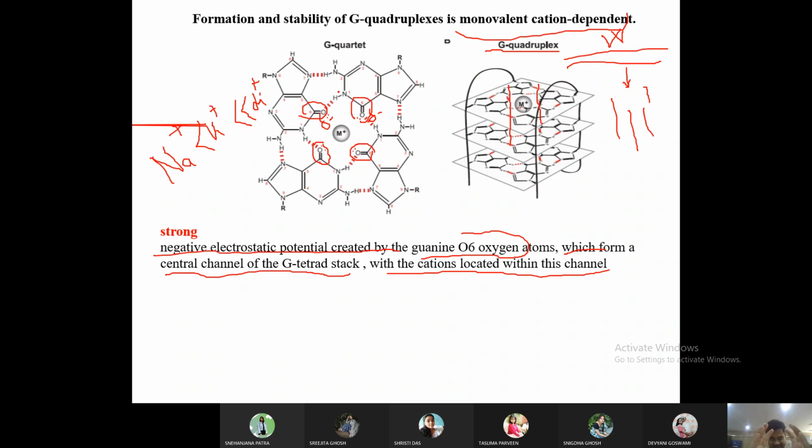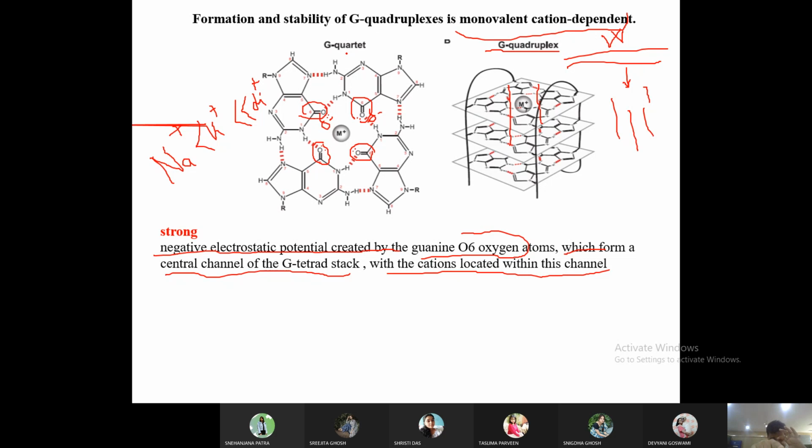So whatever stacks there are, at the center of the stack the four corners are occupied by four O6 oxygens of guanine. So one layer, another layer, another layer. As you see, at the center you have a channel which is dotted at four corners by four partially negative O6 oxygens of guanine.